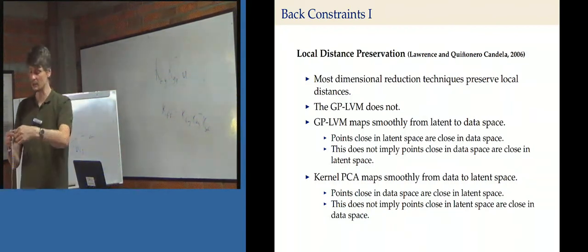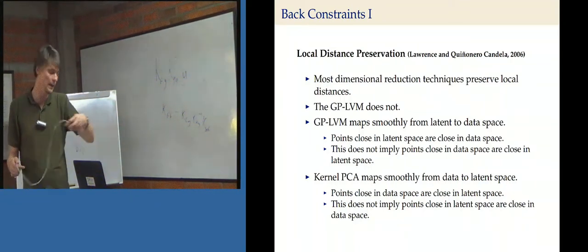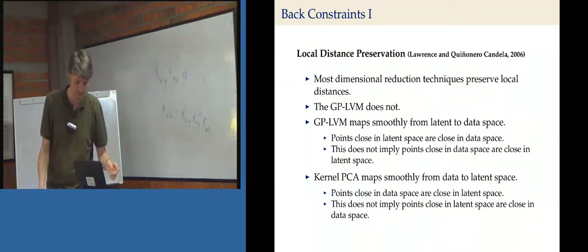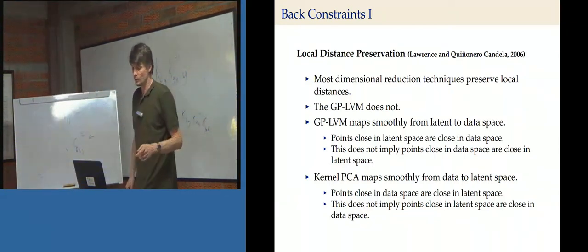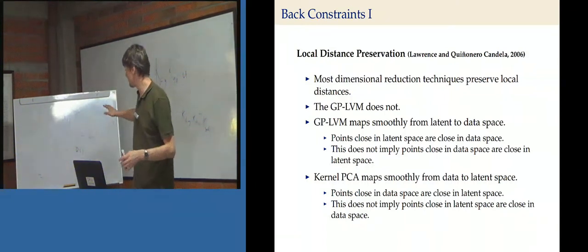Now, if you have that assumption, a lot of manifold methods become convex. It becomes convex solutions to reconstruct the manifold. So it's a nice assumption to incorporate. But the GPLVM isn't convex because it doesn't have that assumption in it. So what goes on in the GPLVM is different.